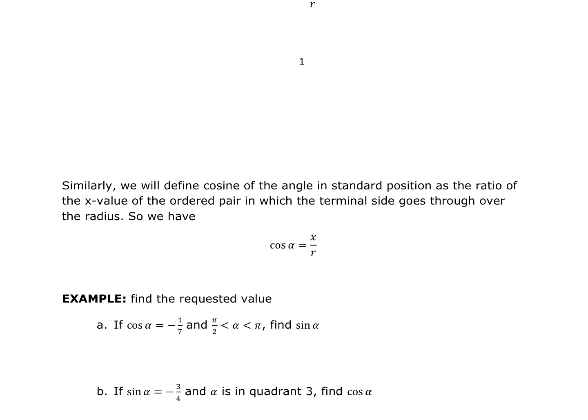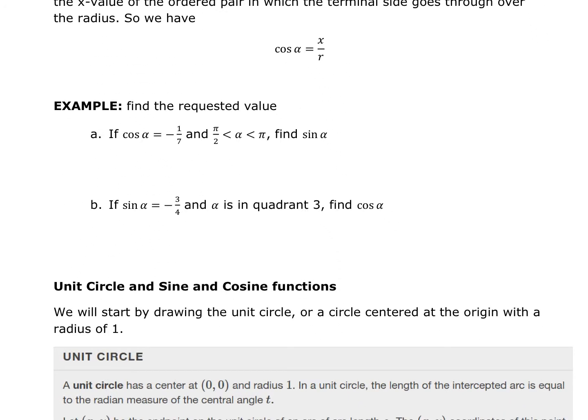If I'm asked to find the sine of an angle, and I'm given the ratio of the cosine of the angle, then I know that since the cosine of any angle is defined as the x value over the r value, if this is equal to negative 1 over 7, that tells me my x must be the negative 1, because my radius can never be negative, and my r must be the 7.